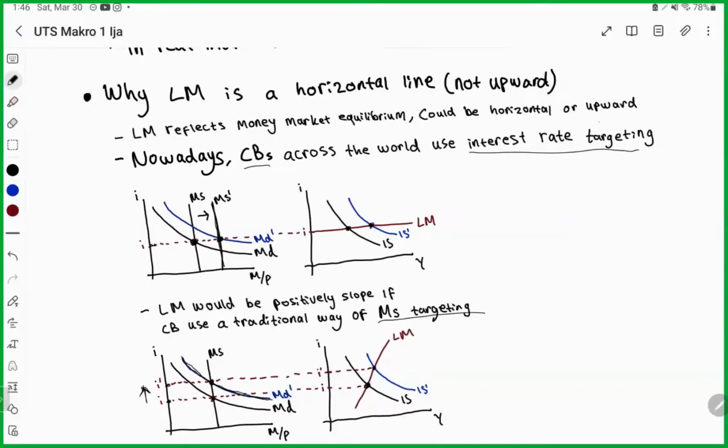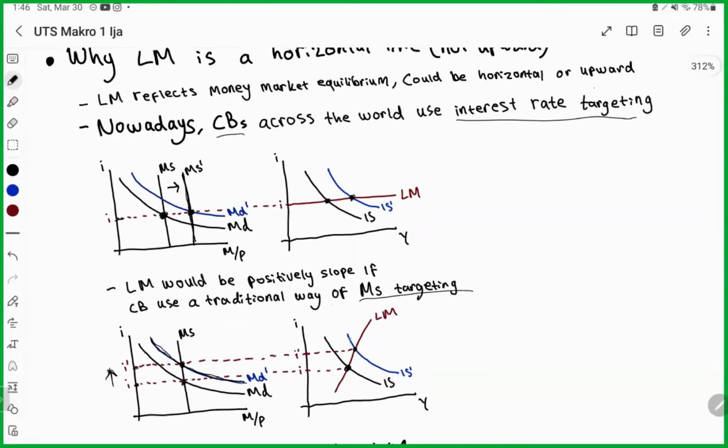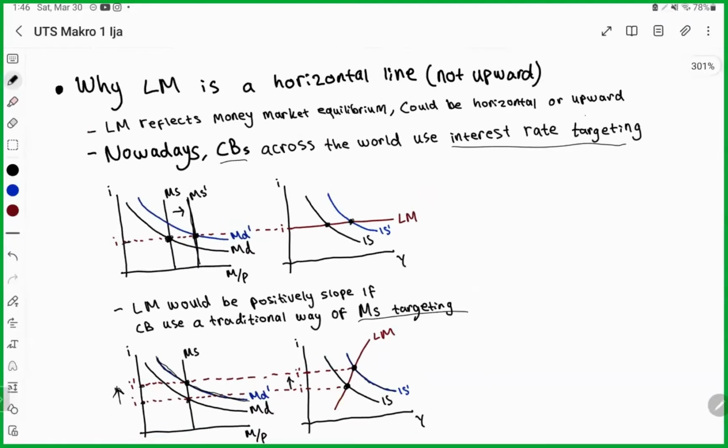When money demand increases, income increases, the interest rate increases. So the LM curve is upward sloping. Both ways are basically possible, but because in the modern way, all countries across the world use the interest rate targeting approach, the LM curve is horizontal.